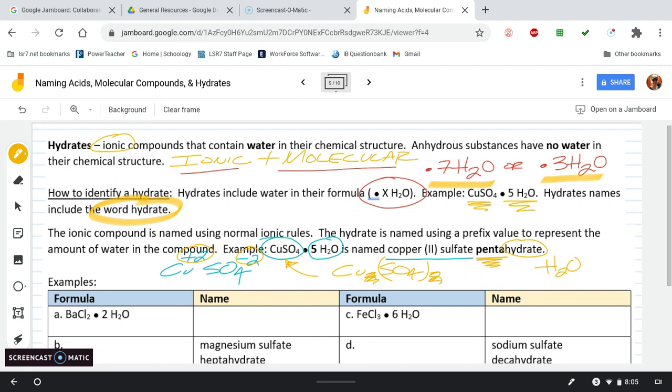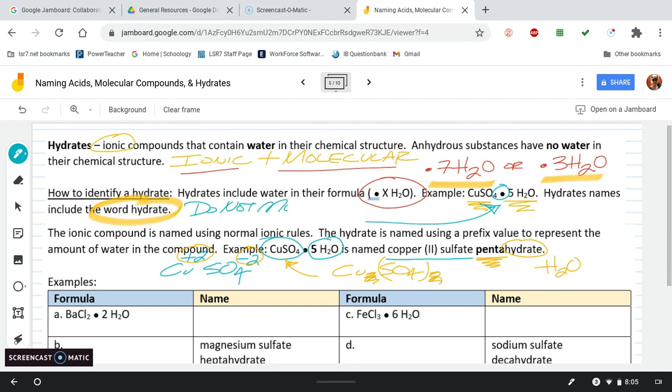Now that dot, let's talk about that. This does not mean multiplication. That dot separates the ionic from the molecular. That is not math. So that is not multiplication. So do not multiply.